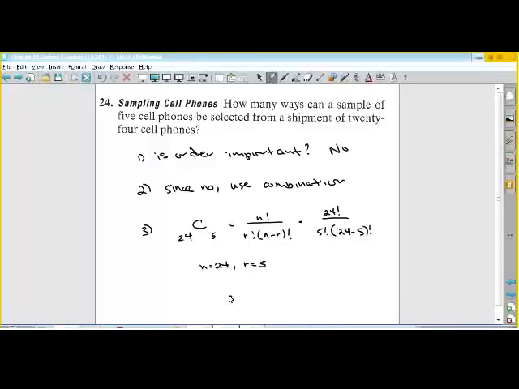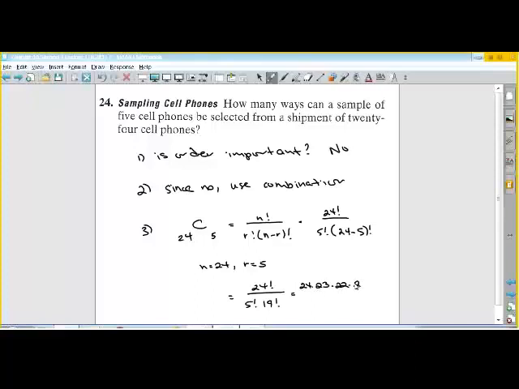So what I want you guys to be able to do is not have to use a special calculator. Actually, the first thing we do is the math inside the parentheses. So 24 minus 5, which you can do in your calculator, hopefully in your head. And then we rewrite the numerator slightly differently.